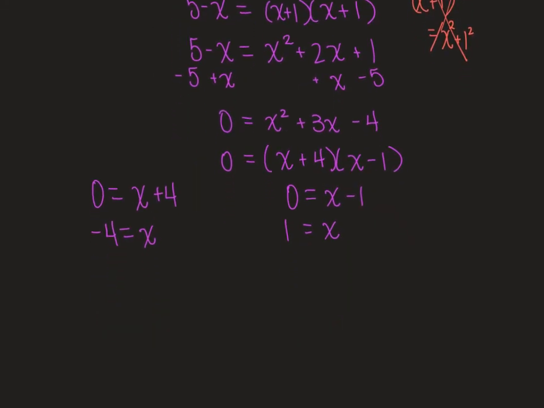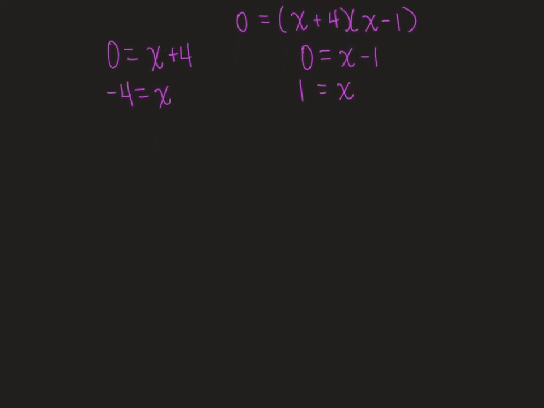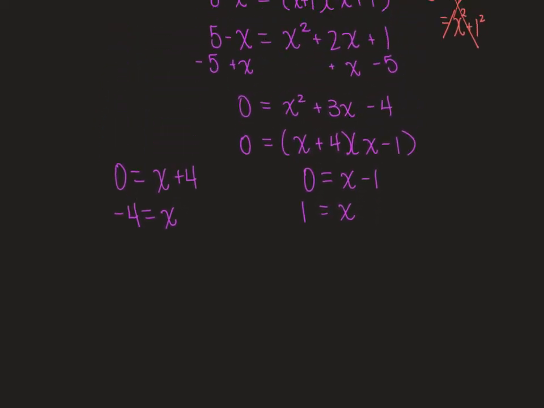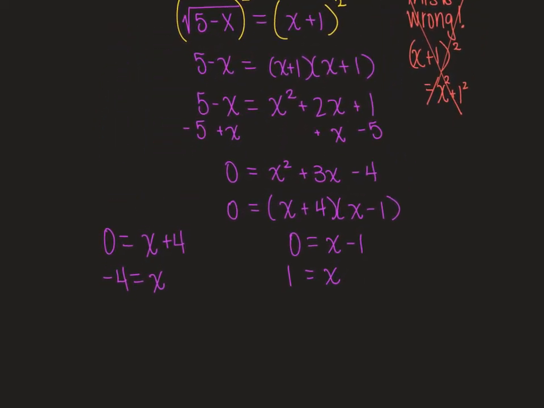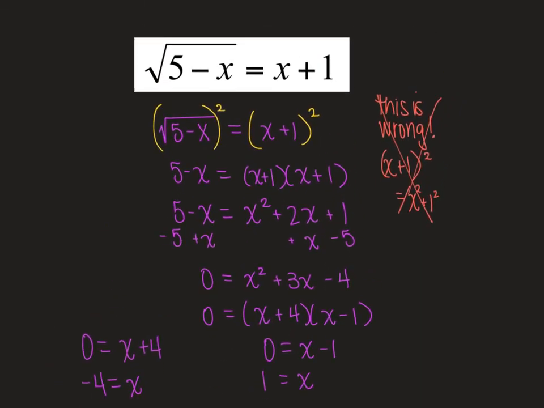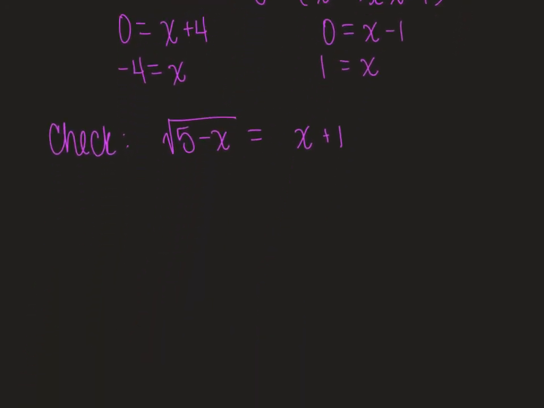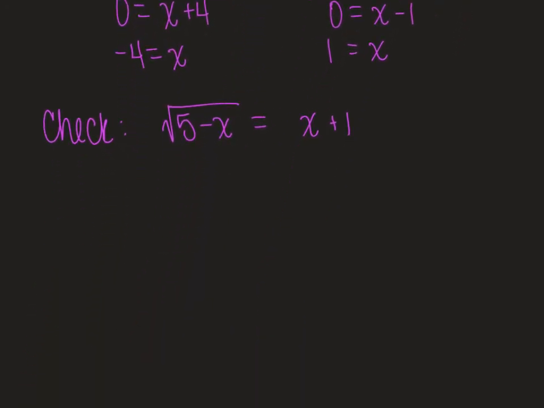So let's see, we have negative 4 and we have 1. So our problem here was the square root of 5 minus x equals x plus 1. Let's just double check. So we're going to check out these numbers here. So first we're going to check when x equals negative 4.